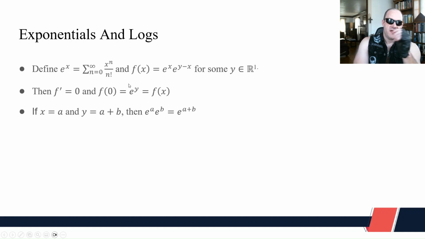So, if that's the case, well then what I can do, for instance, is I can reparameterize up here. So if I let x equal a and y equal a plus b, plugging those values in up here, and recalling that this whole product here is equal to e to the y, I recover this rule here.